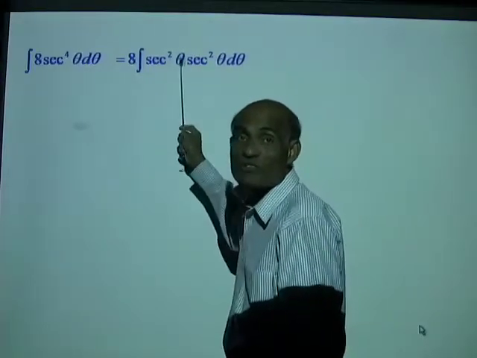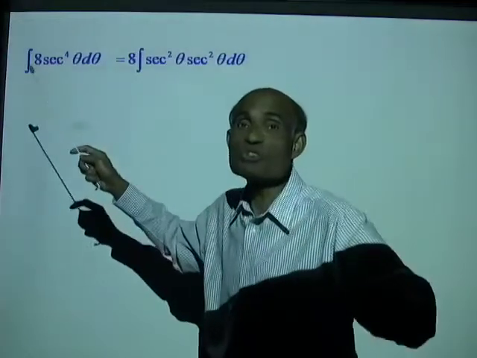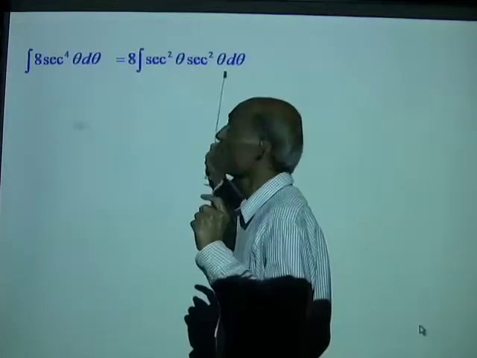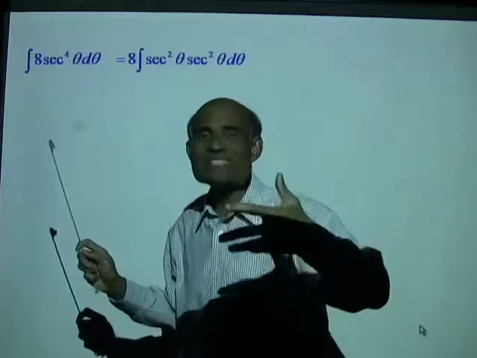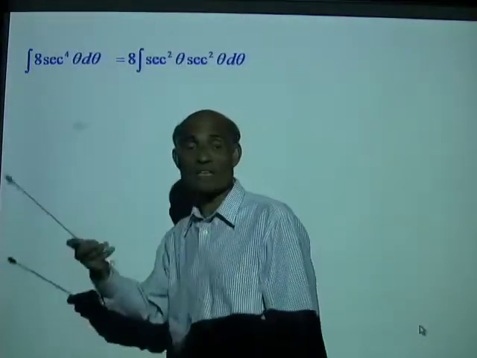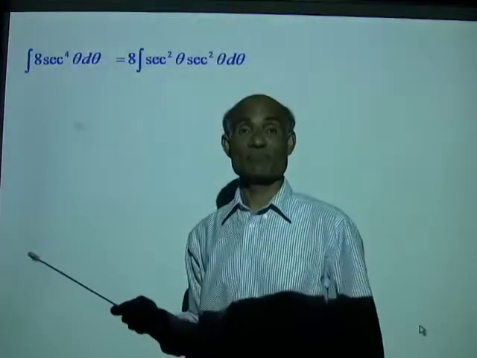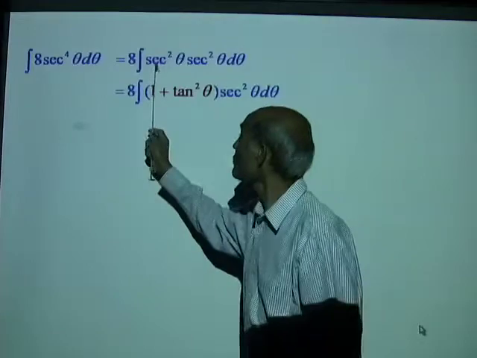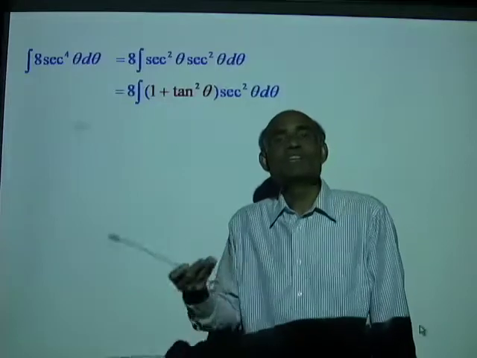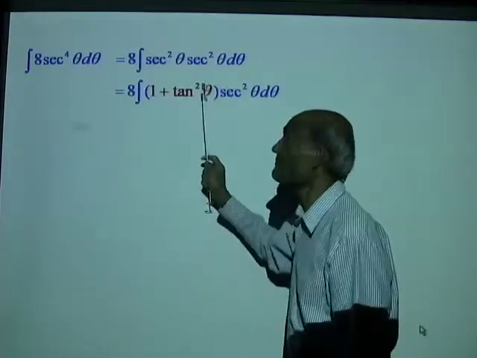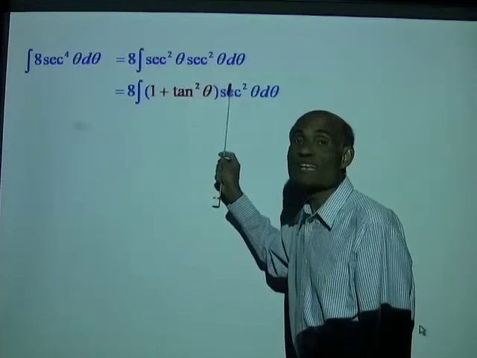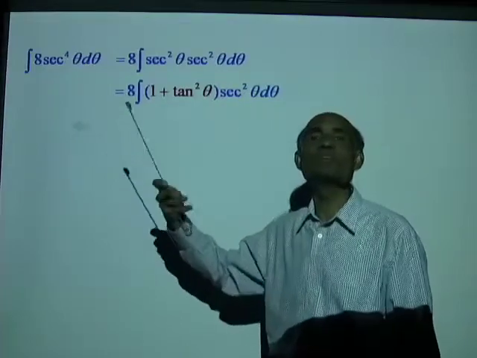If you want to leave this part to take care of our du, then what must be our u? If this has to be du, then u has to be tan theta. Can you change this first secant squared theta in terms of tan theta? Yes, you can. Secant squared theta is 1 plus tan squared theta. You see how easily it gets transformed. Now if you replace tan theta by u, then secant squared theta d theta will be your du.